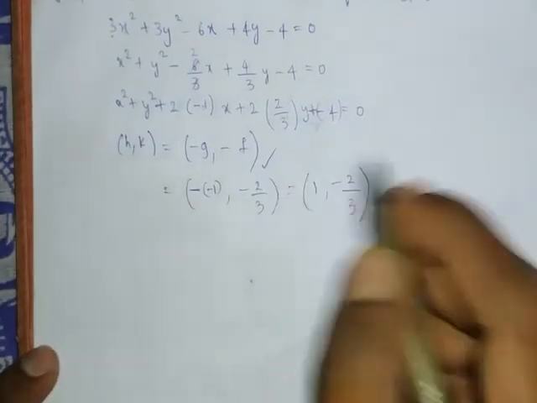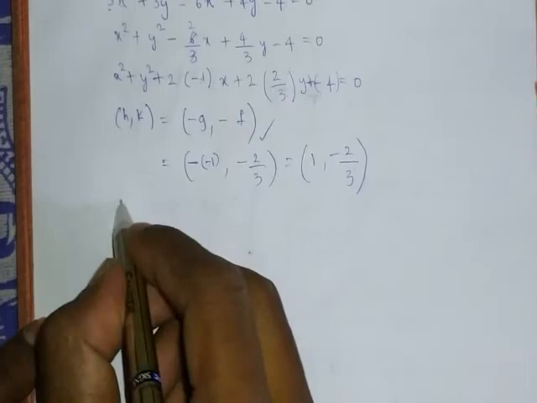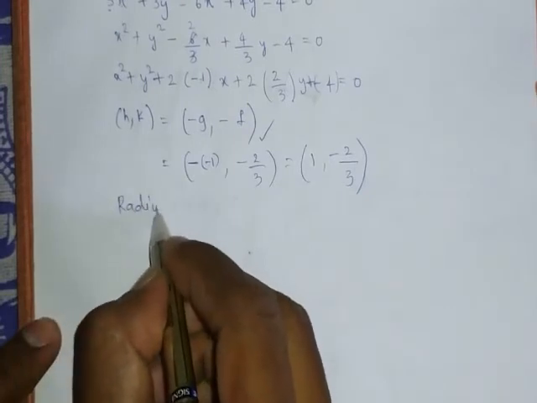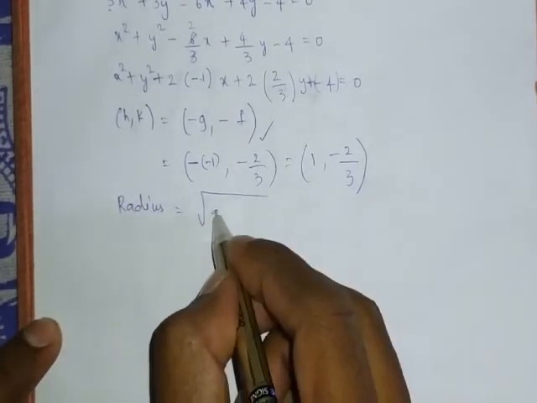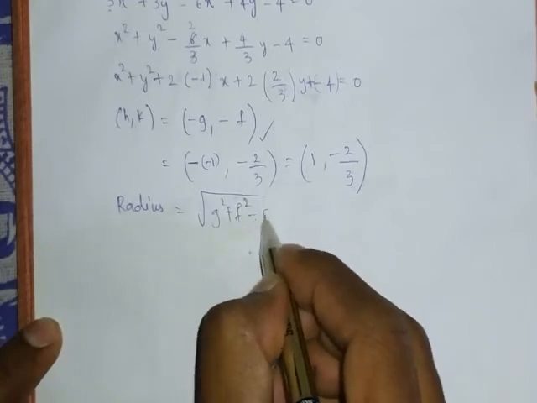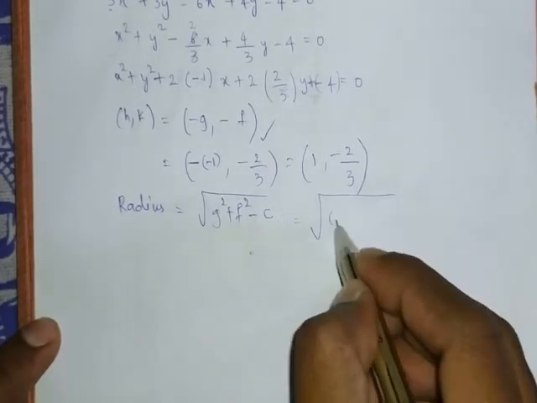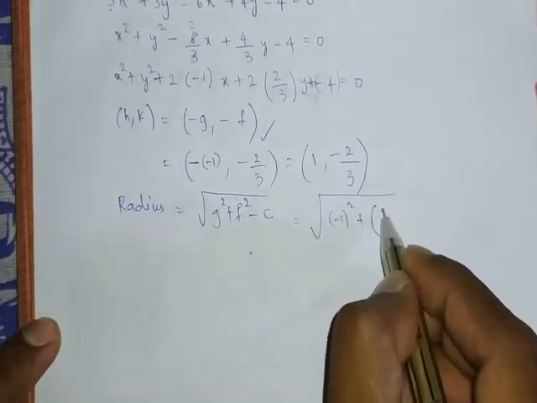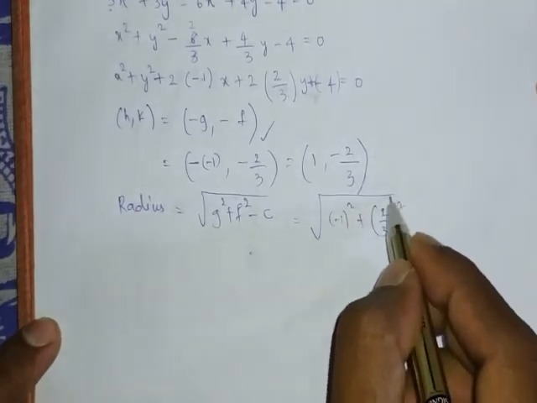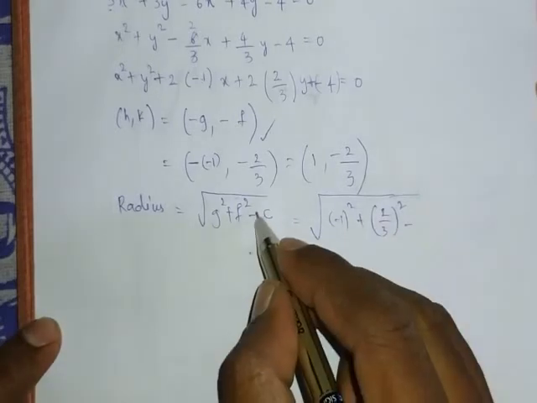And if we want the radius, we know the radius formula is under root g square plus f square minus c. The value of g is minus 1 whole square, and the value of f is 2 by 3 whole square, minus c, the value of c is minus 4.